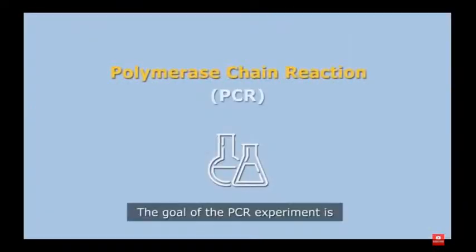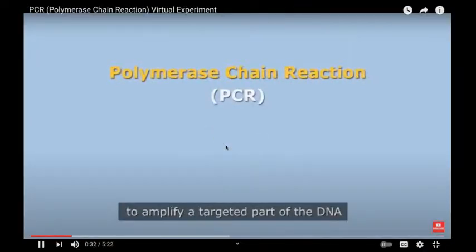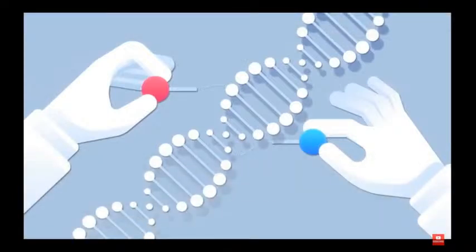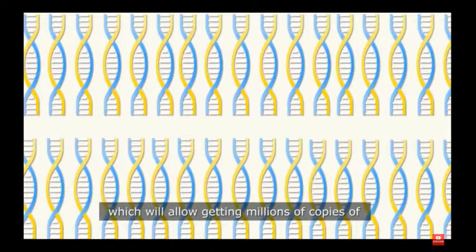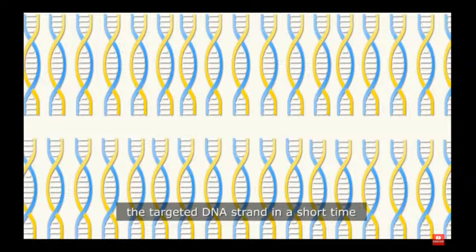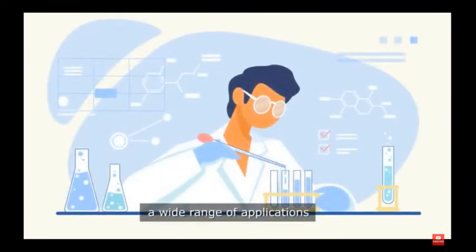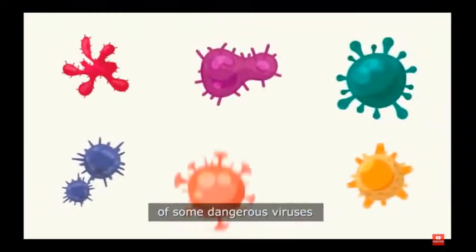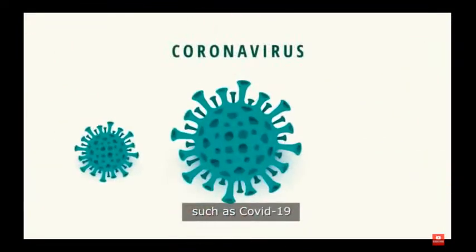The goal of the PCR experiment is to amplify a targeted part of the DNA to a size that may reach up to 10,000 nucleotides, which will allow getting millions of copies of the targeted DNA strand in a short time. For this, PCR has gained popularity for a wide range of applications, such as the detection and analysis of some dangerous viruses such as COVID-19.